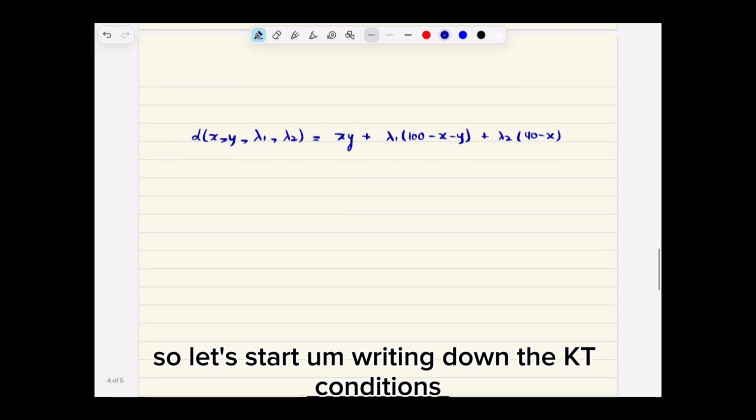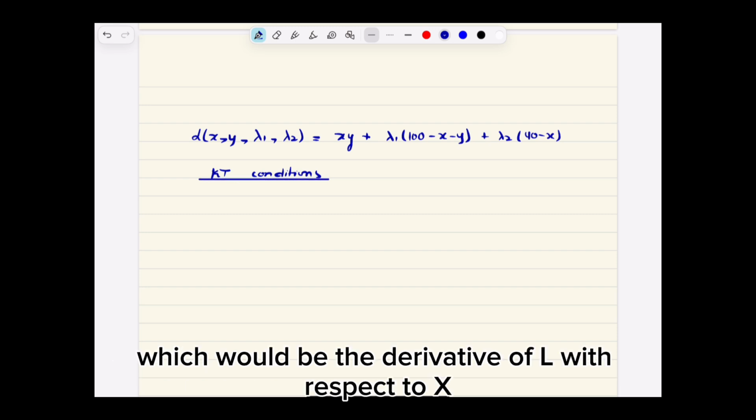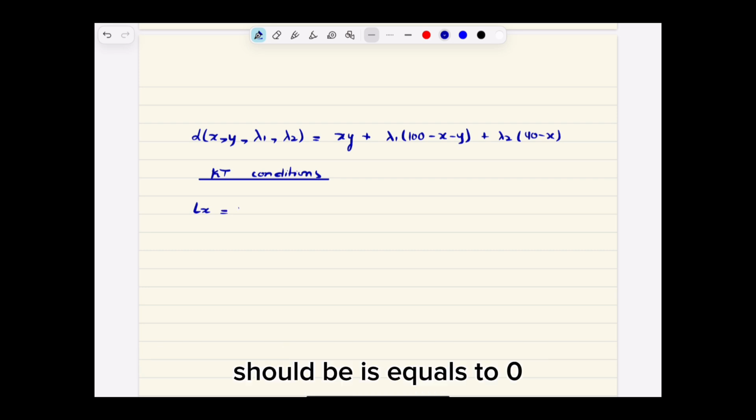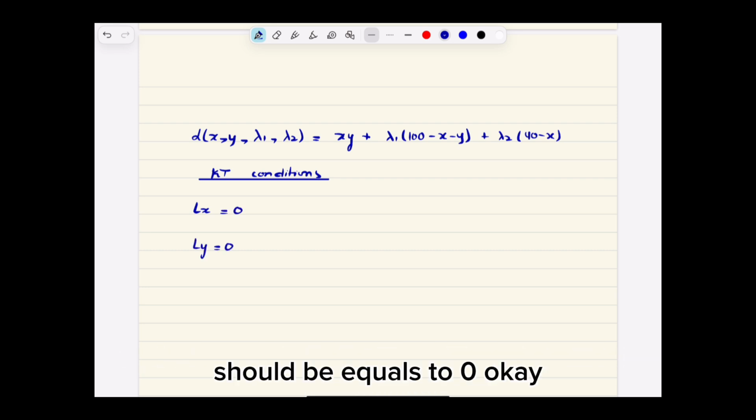So let's start writing down the KKT conditions. First, we have to take the optimality condition, which would be the partial derivative of L with respect to x should be equal to 0, and the partial derivative of L with respect to y should be equal to 0.